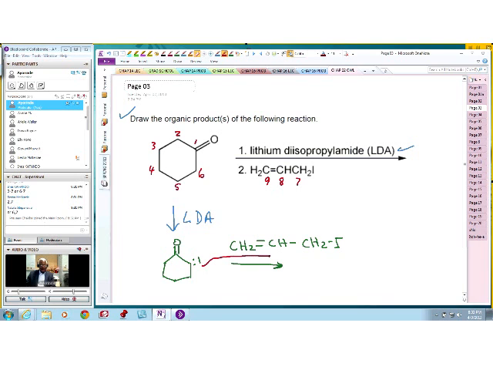The enolate comes in, acting as a nucleophile, attacks this carbon here, and this will leave. So therefore, you get this product. So the answer could be attachment of 2 and 7, or 6 and 7, which is here.